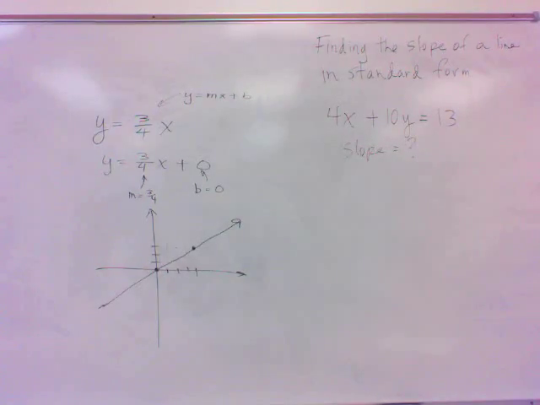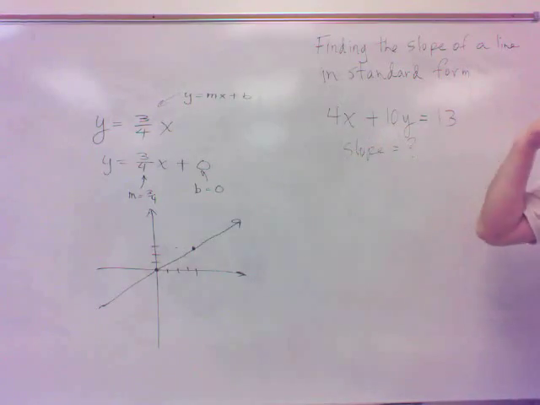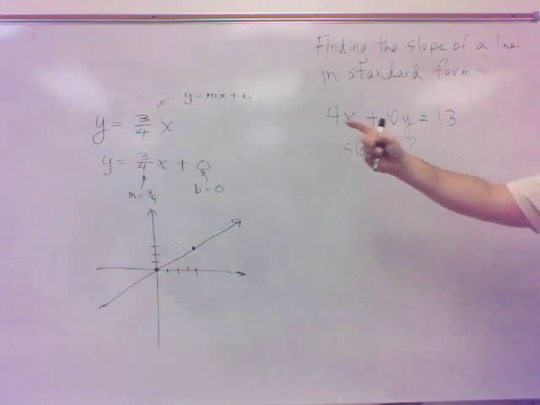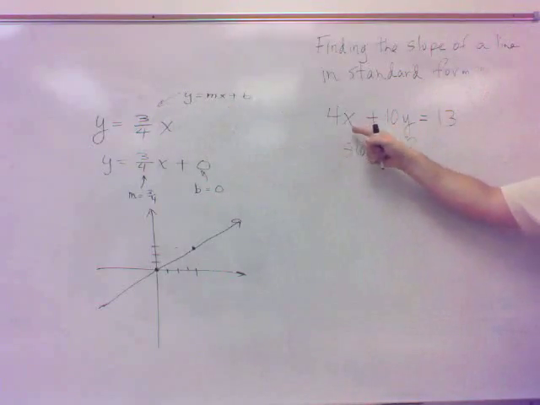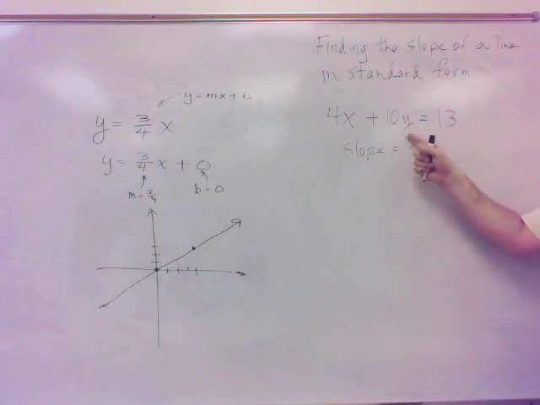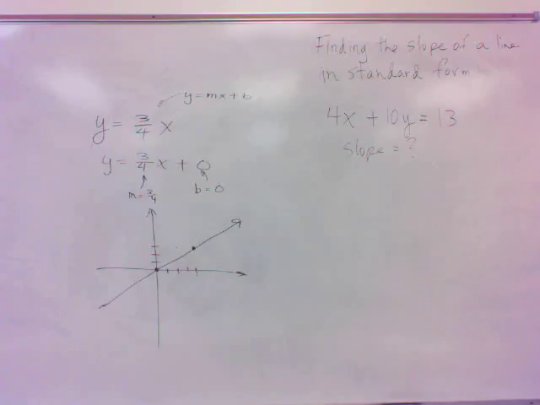Well, unfortunately, I can't say slope here is 4 because to read the slope right off the graph like that, we have to have y equals mx plus b. This is the standard form, so it doesn't have y equals an expression over here. We've got other stuff with the y term, y part.